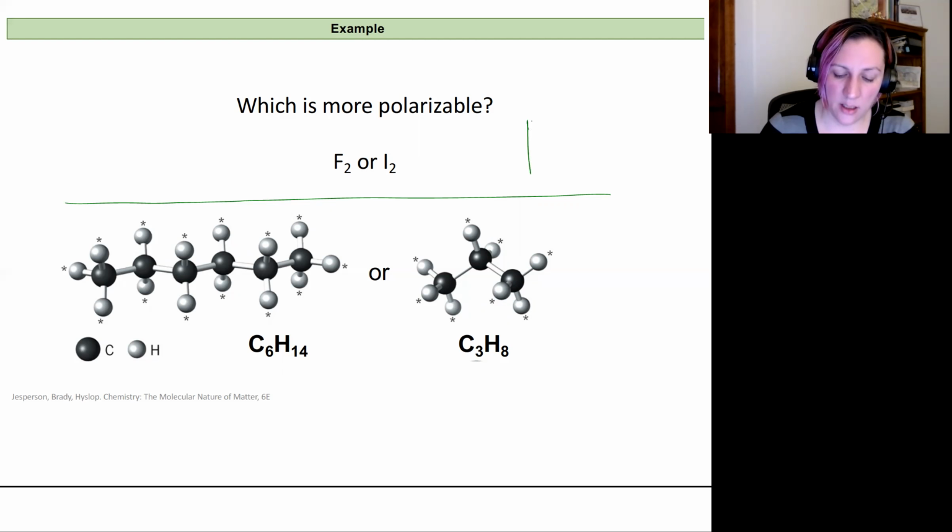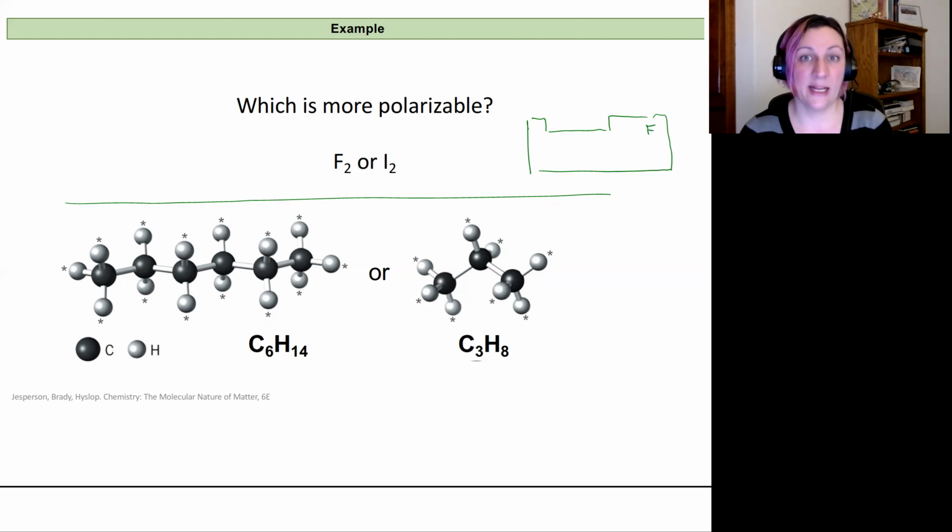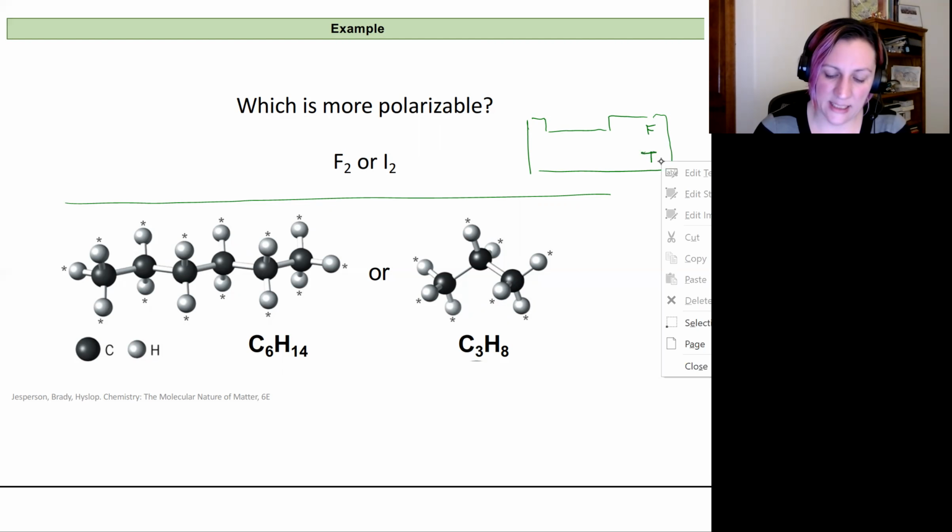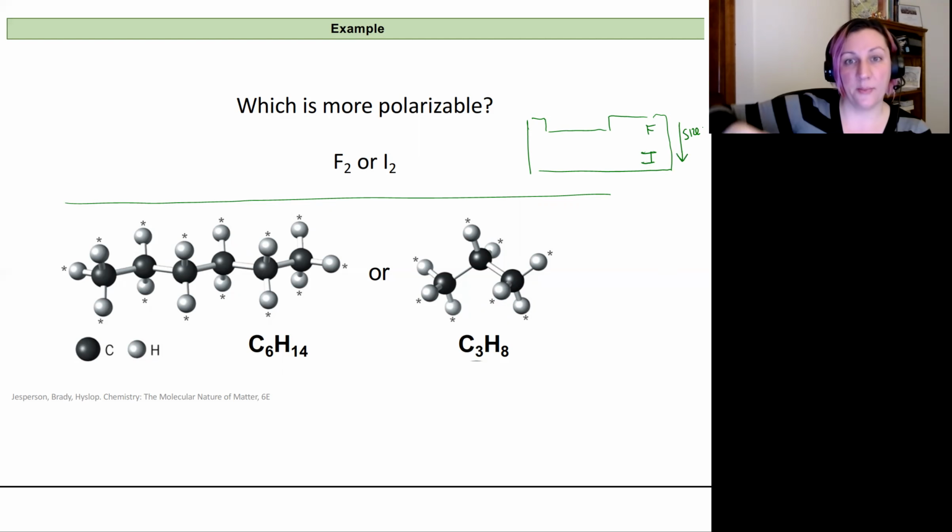So on the periodic table, well, bad periodic table. Fluorine is up here on the top right-hand corner, and iodine is down on the bottom. And we know from our periodic trends that size increases as you go down the periodic table. So my iodine is just a larger molecule, and my fluorine is a smaller molecule.